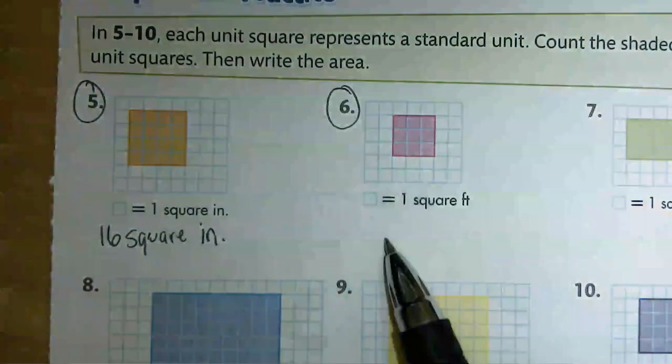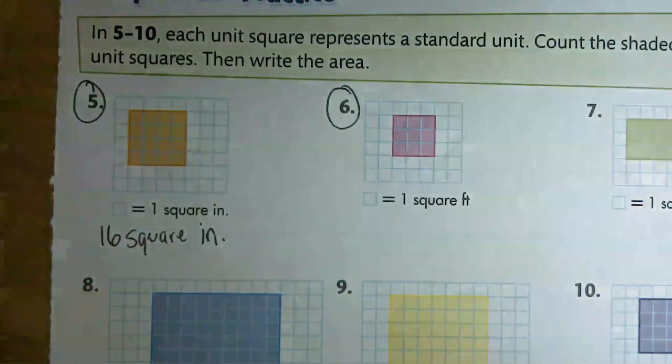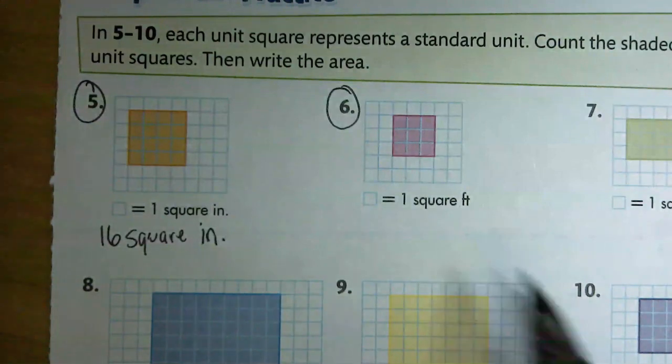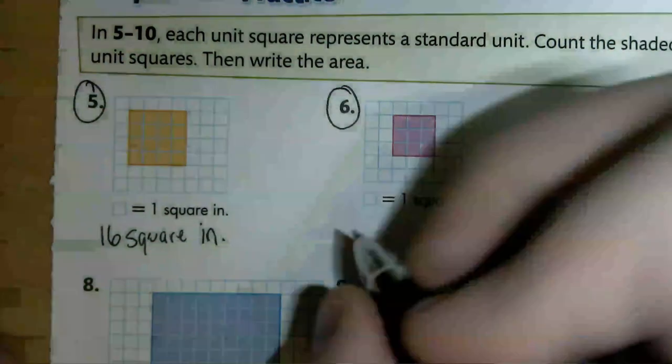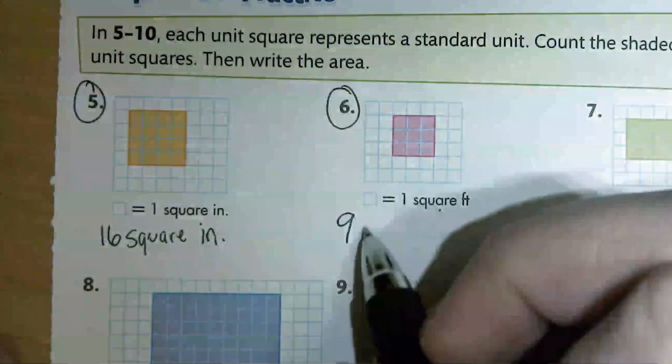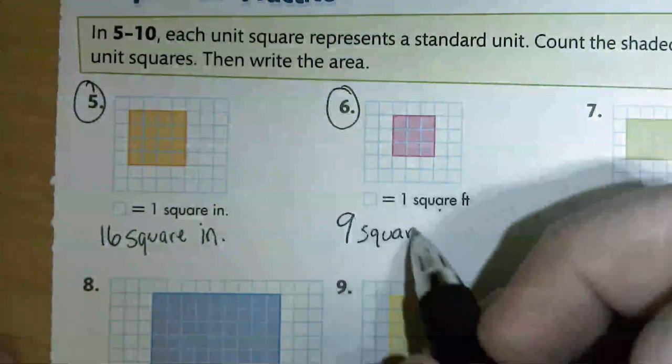If you forgot to write in for number 6 what your units squared are, write that in right now before we even start this one. For number 6, I see I've got 1, 2, 3, 4, 5, 6, 7, 8, 9. 9 what? 9 square feet.